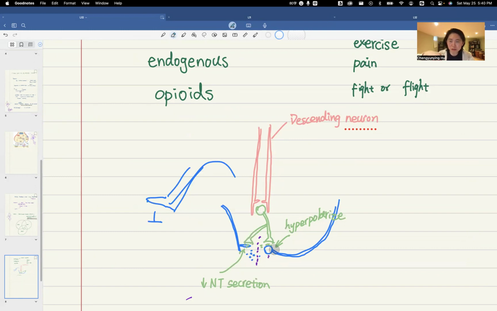Hyperpolarization makes it more negative, so it's harder to have an action potential. So the message is cut in between.